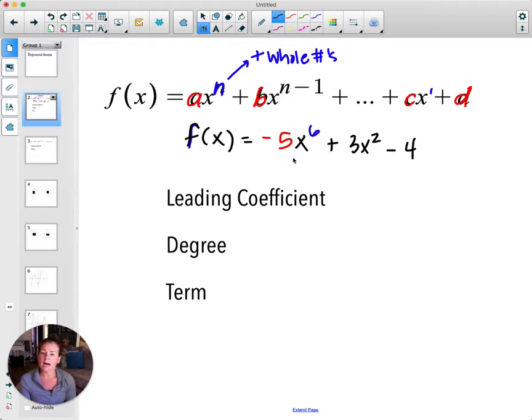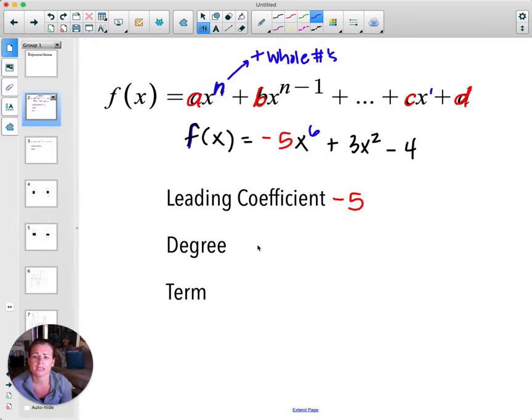This one has a leading coefficient of negative 5, because the leading coefficient is always the number in front of the highest degree. If they are out of order, then you need to write them in order. So get the highest degree first and then write them in descending order, which you should be used to. So the leading coefficient here is negative 5.